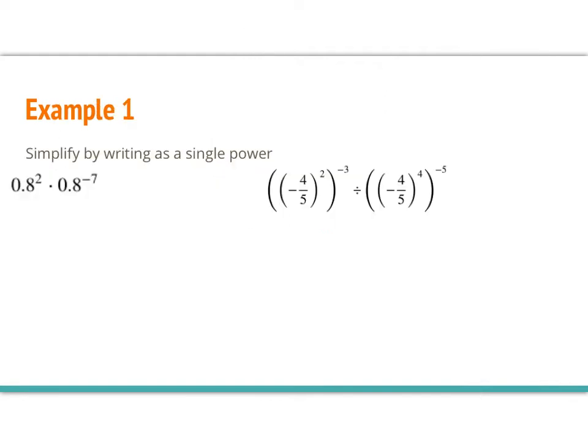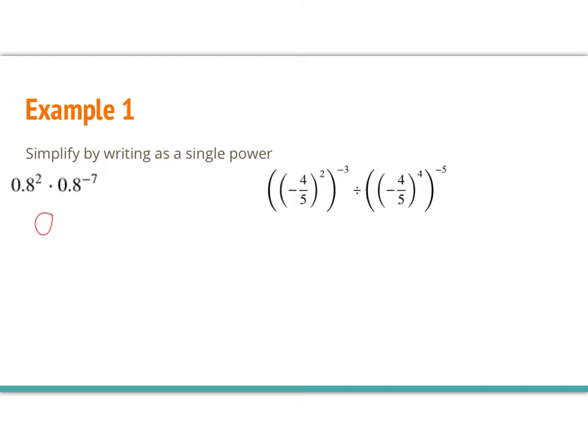Okay, so just looking at all of those, we're going to put them into action here. So 0.8 squared times 0.8 to the negative 7. This is a product of powers. So we have the same base, 0.8 in each. They're being multiplied, so that means we're going to add their exponents.